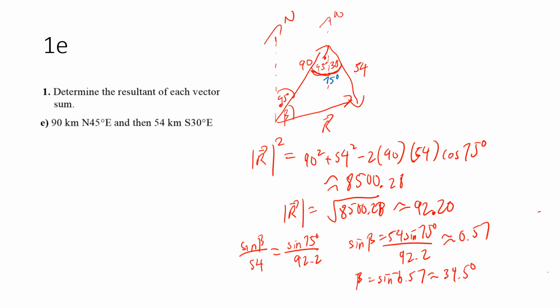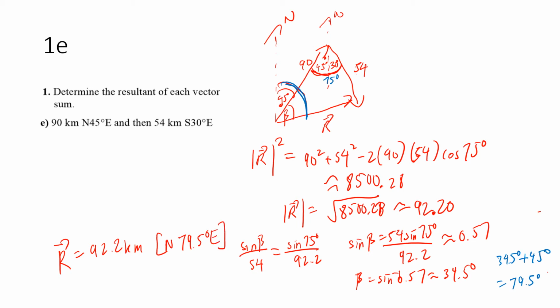Then we have to get the whole bearing right here. The bearing is just 34.5 degrees plus 45 degrees, which is 79.5 degrees. So that means our resultant is 92.2 kilometers at a bearing of north 79.5 degrees east.